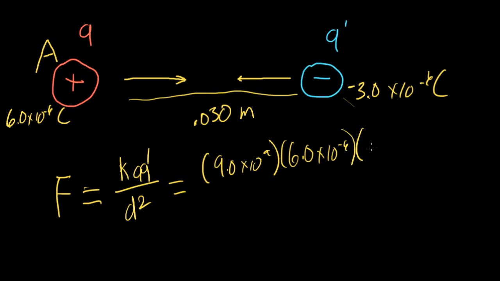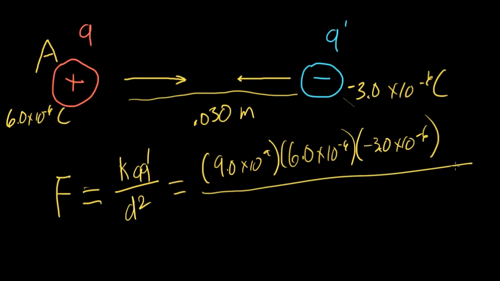Our Q prime is negative 3.0 times 10 to the negative 6th. All of that divided by 0.03 squared. And you just plug in, crunch the numbers, and you end up with a force of about negative 180 newtons of force.